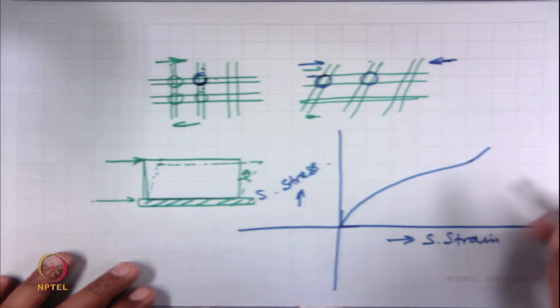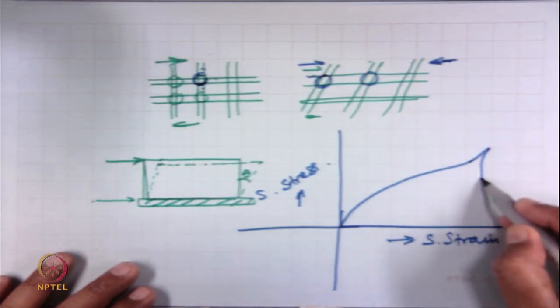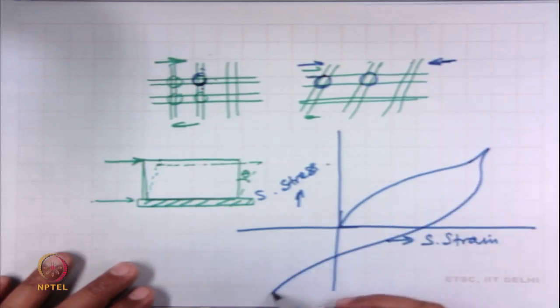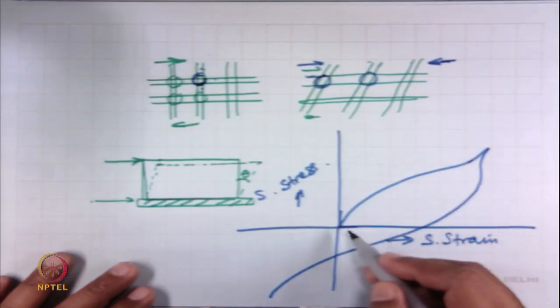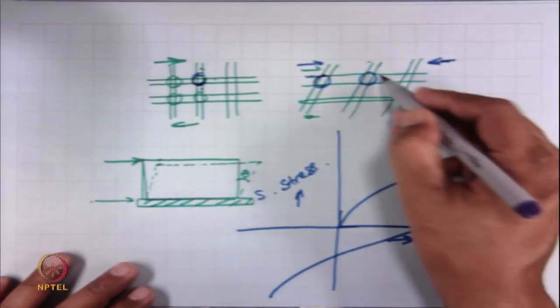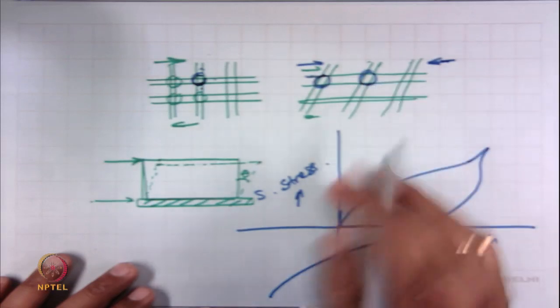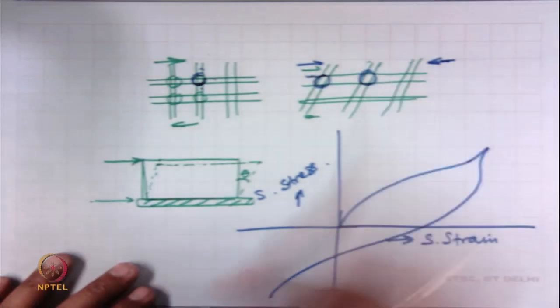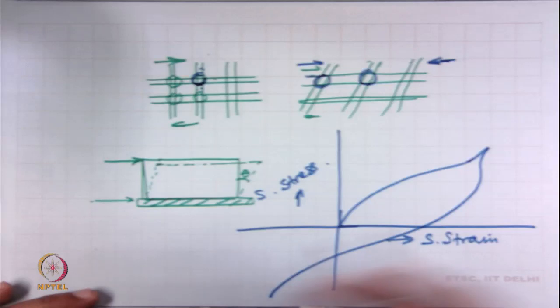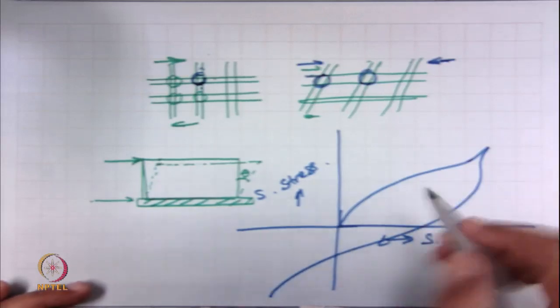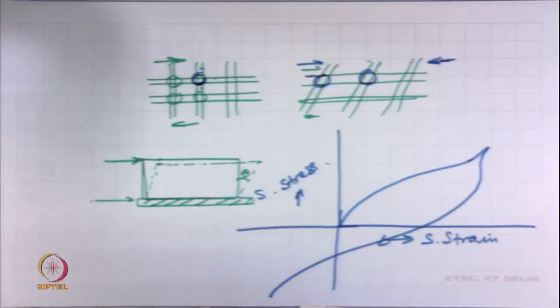It will follow a different path due to the frictional locking of the yarns. This difference is known as the shear hysteresis.